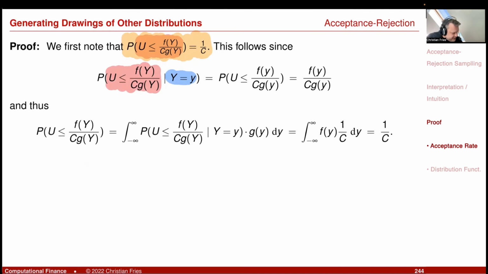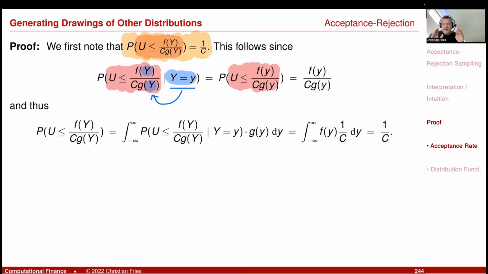Then this conditional probability is, just plugging in the y, the probability that u is smaller or equal to f(y) divided by c times g(y).